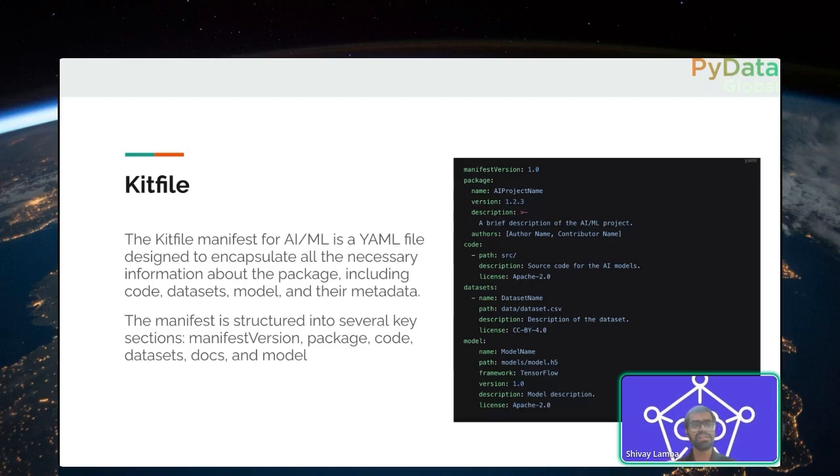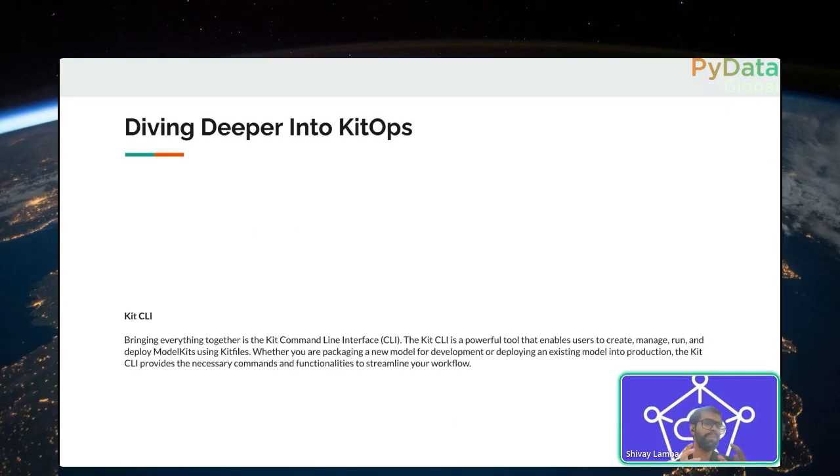This is a classic example, similar to any other type of YAML file that we typically work with, and it allows you to encapsulate all of the necessary information inside of your AI/ML project. We'll have an in-depth example of this when we dive into a dedicated example.